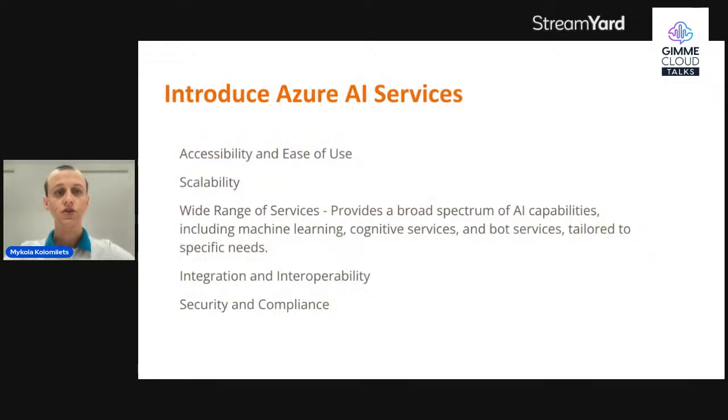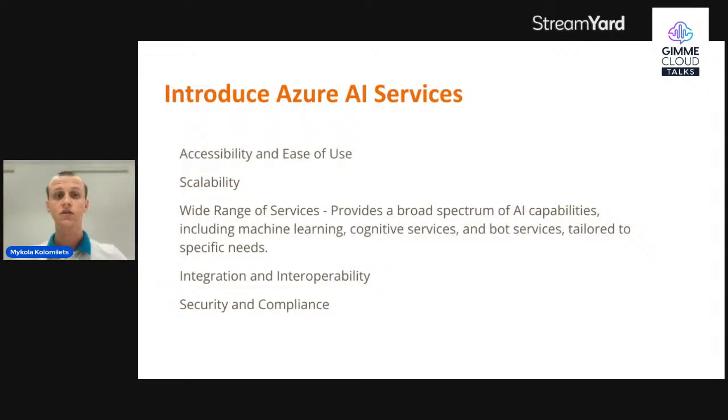So, introducing Azure AI services. The big benefit that we have from Azure AI services is that Azure provides us a lot of ready-to-use services, and we don't need to learn something, we need to prepare data sets.